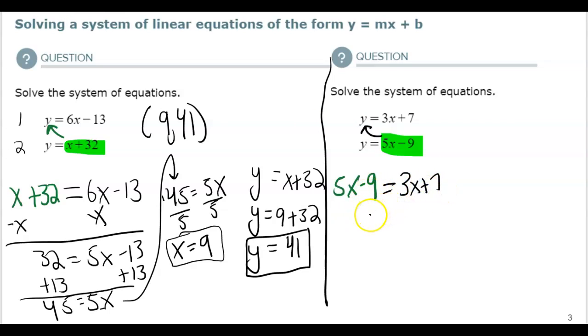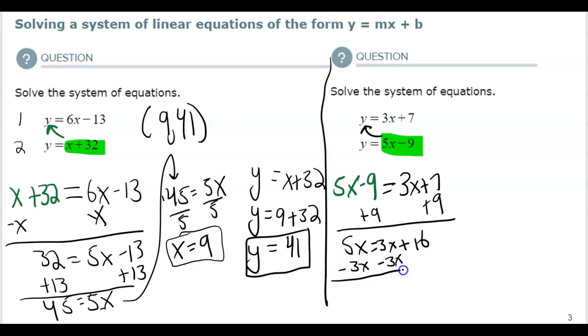Once I substitute, I get something that looks like this. I'll just go ahead and add 9 to both sides. And I'm still just isolating for x.